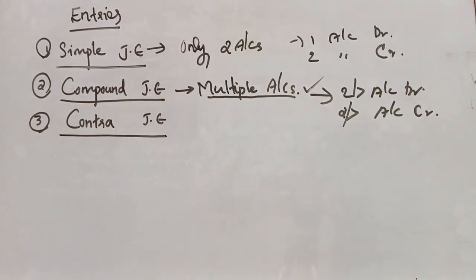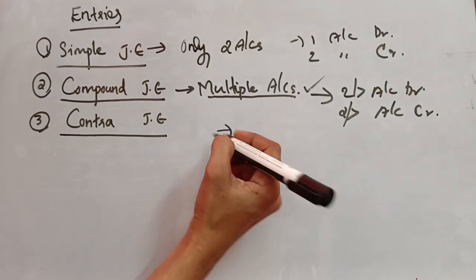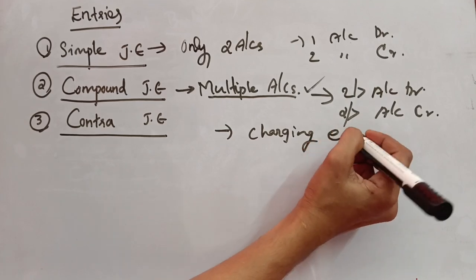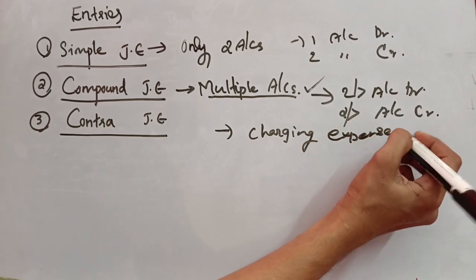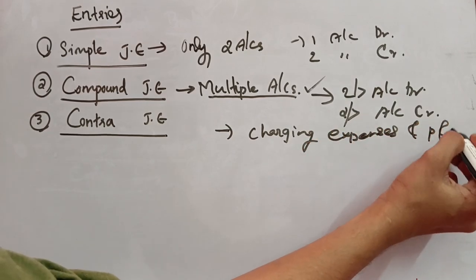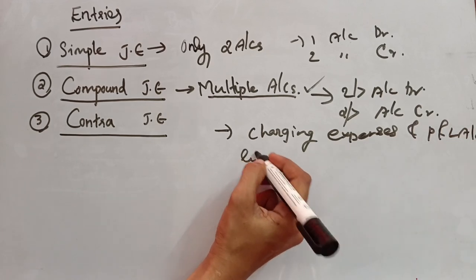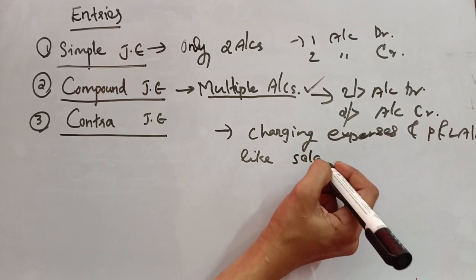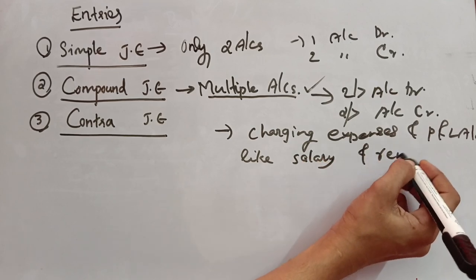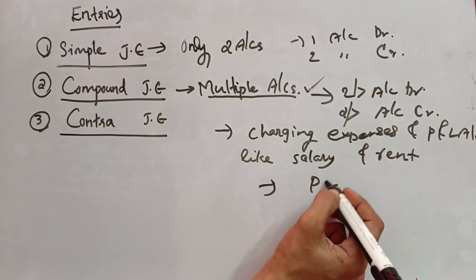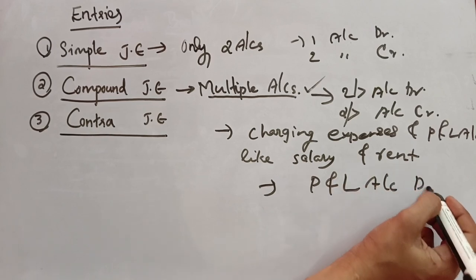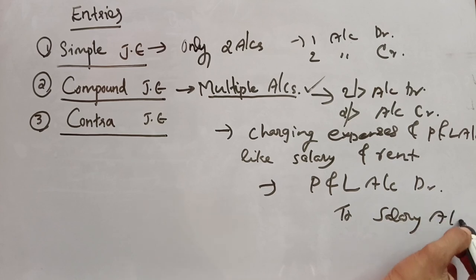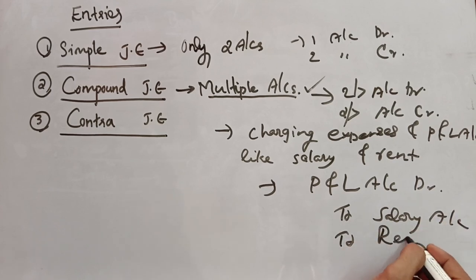For example, we are charging expenses like salary and rent to the profit and loss account. Then the entry will be profit and loss account debtor to salary account, to rent account.